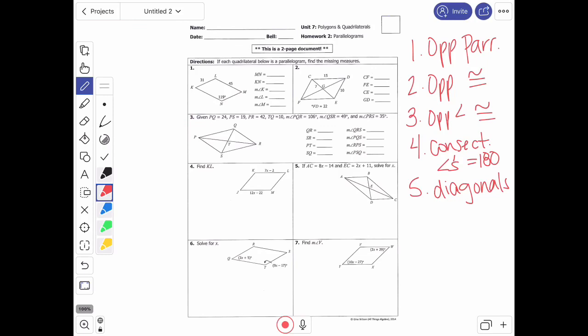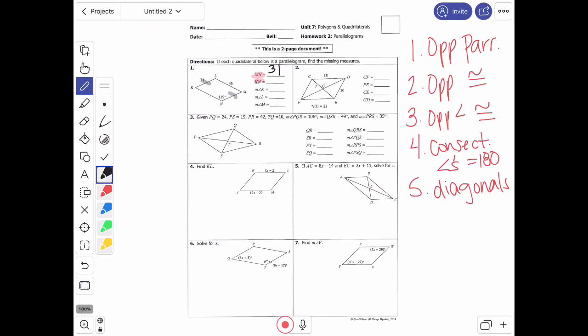Find the missing measures. The first thing I'm finding looks like the side lengths, because MN and KN are both sides. So MN should be congruent to KL because those are opposite sides. So MN is also 31.